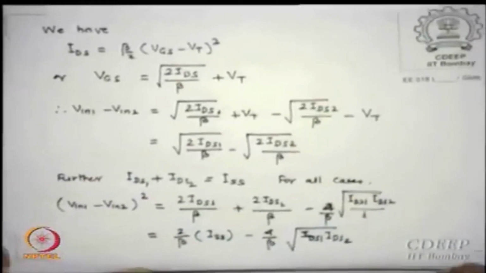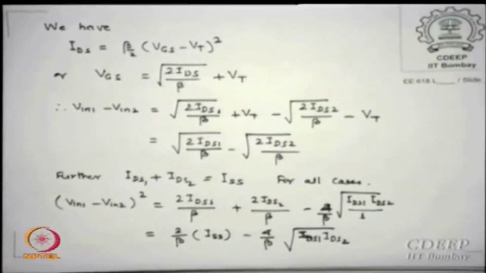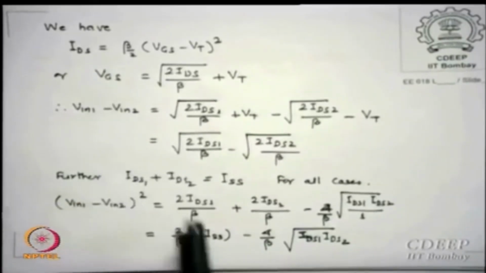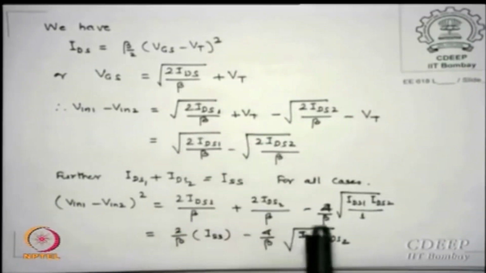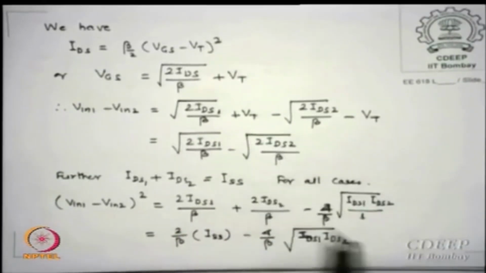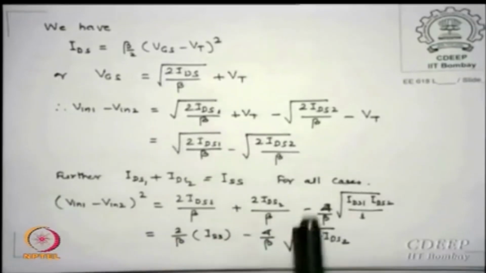Okay. So since for all cases IDS1 plus IDS2 equals ISS, we now rewrite (Vin1 minus Vin2) squared as the square of this minus 2 times this cross term, which is 4 by beta under root of IDS1 IDS2.